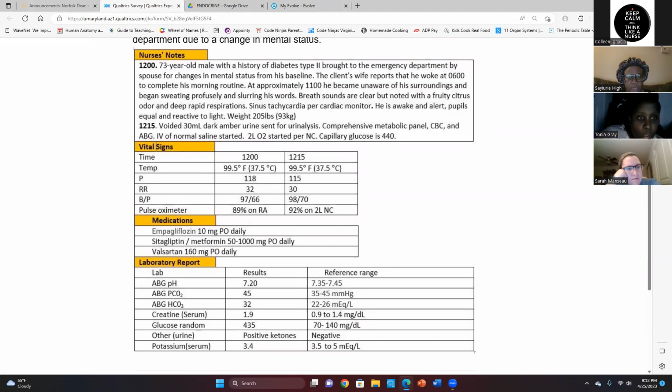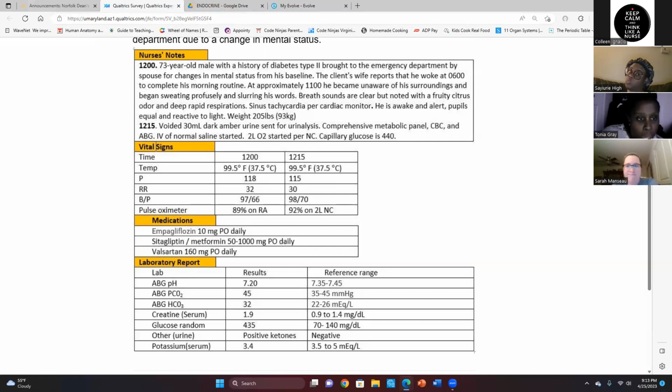So he voided 30 milliliters of dark amber urine, which was sent for urinalysis, comprehensive metabolic panel, CBC, and ABGs. IV of normal saline started. 2-liter O2 sat started per nasal cannula. Capillary glucose is 440.